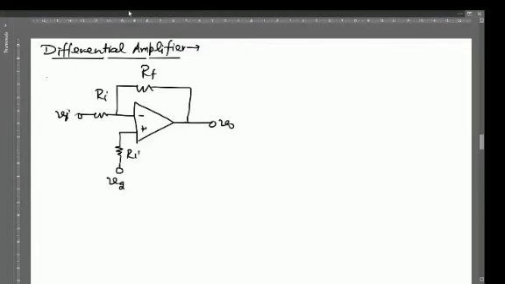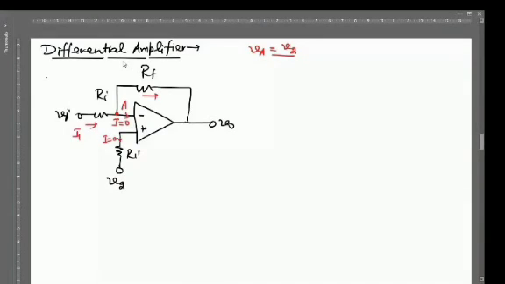Fine. So let me explain the operation. What is the value of this current? 0. What is the value of node voltage VA? V2, yes. So if this current is I1 and this current is I2, at A we are applying KCL.